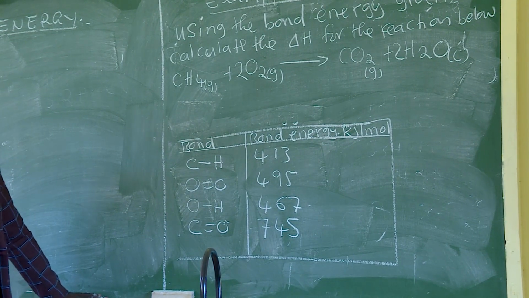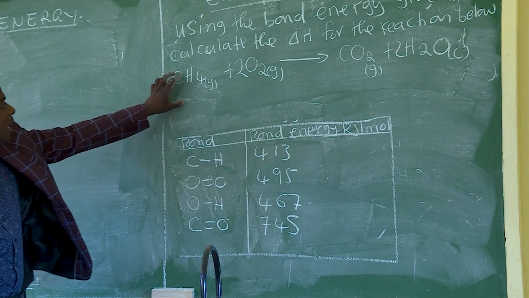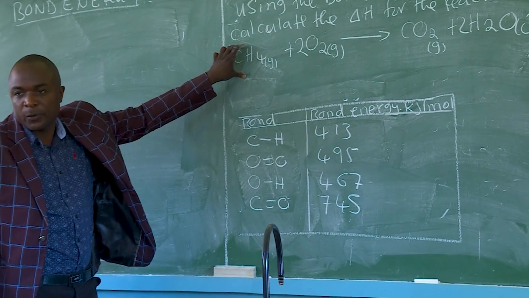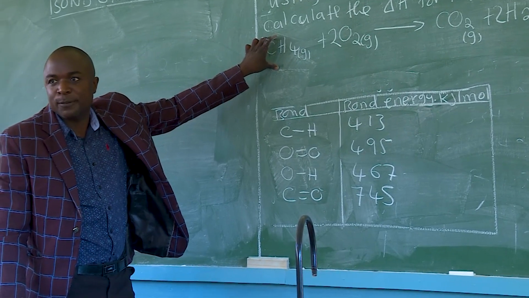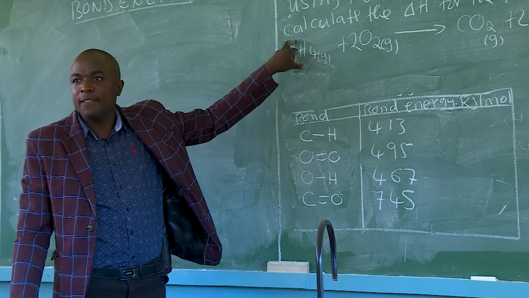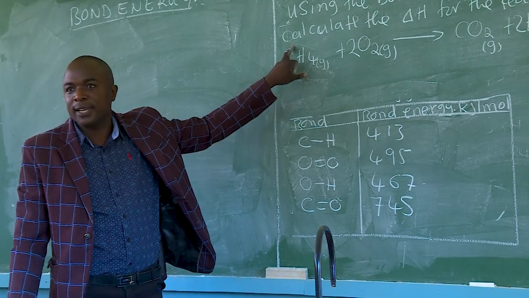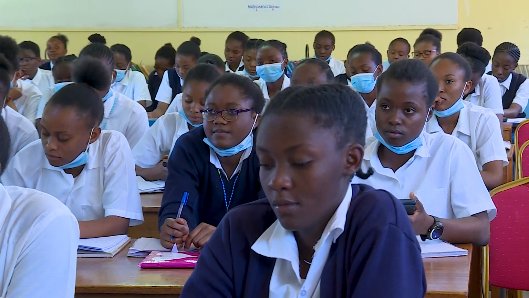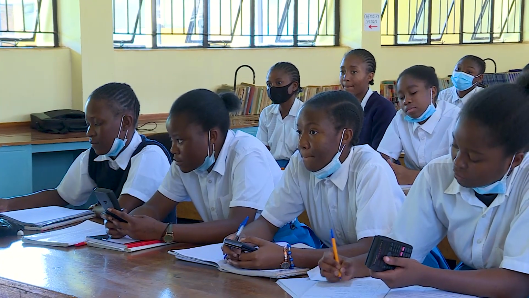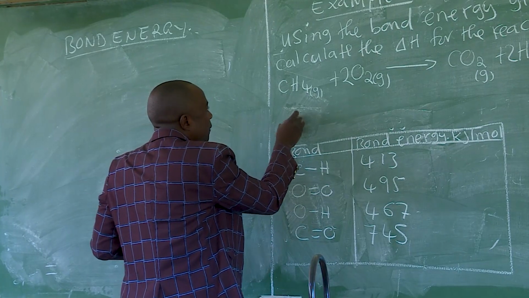Now, we are supposed to rewrite this in structure form so that we are able to identify the bonds which have been broken as well as the bonds which have been formed. So I'll write this equation in structure form now.